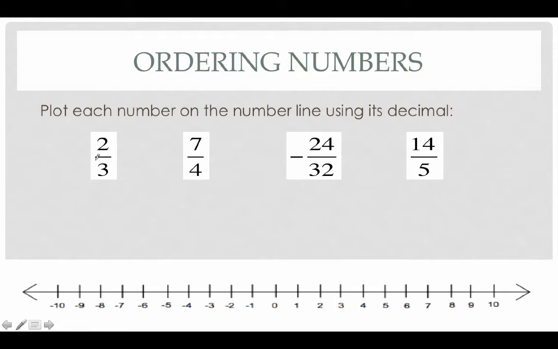So if I pull out my calculator and I do 2 divided by 3, that's approximately, I'm going to use the little approximately symbol, 0.667, or I could say it's exactly 0.66 repeating. Well, on the number line, that's greater than 0 and less than 1, so that's going to be right about here.